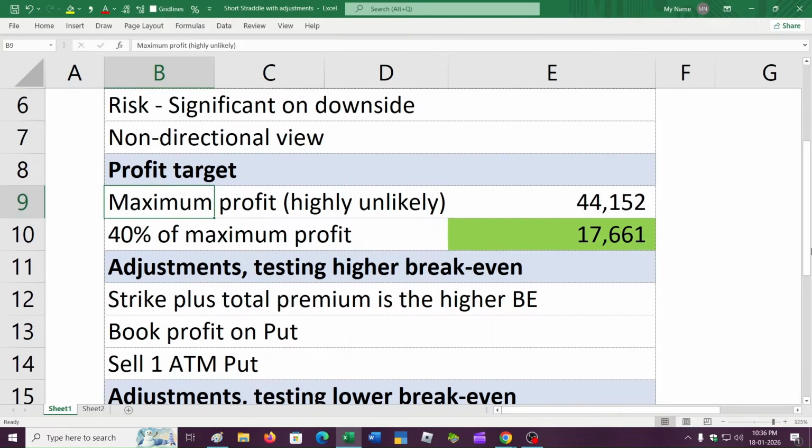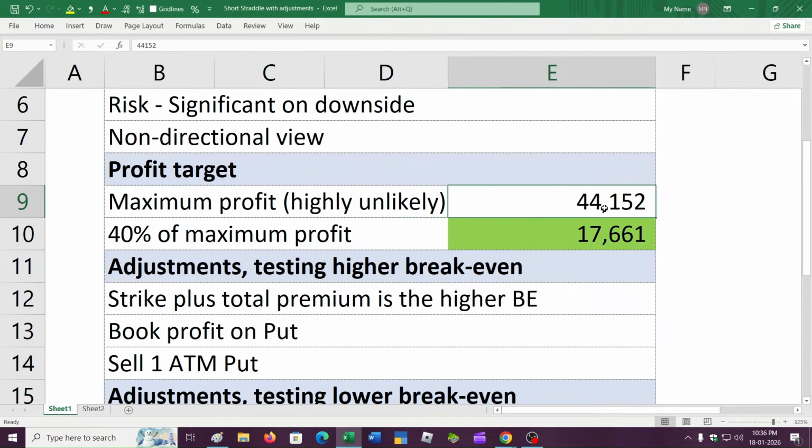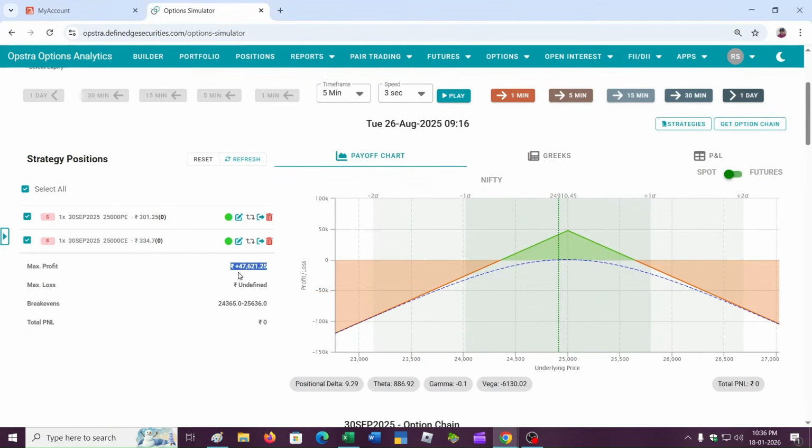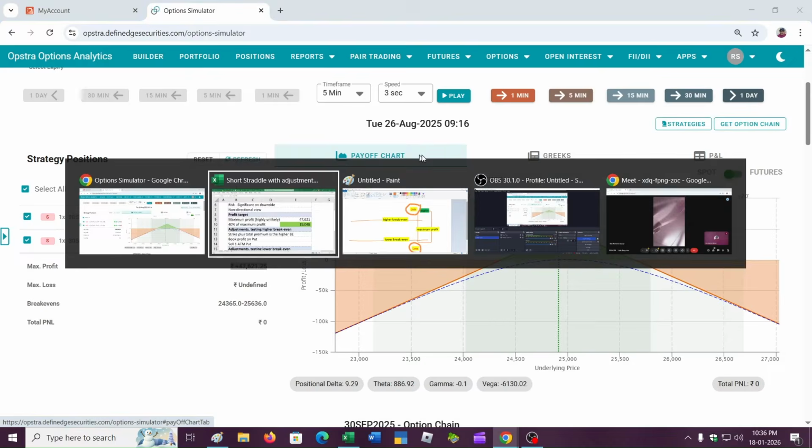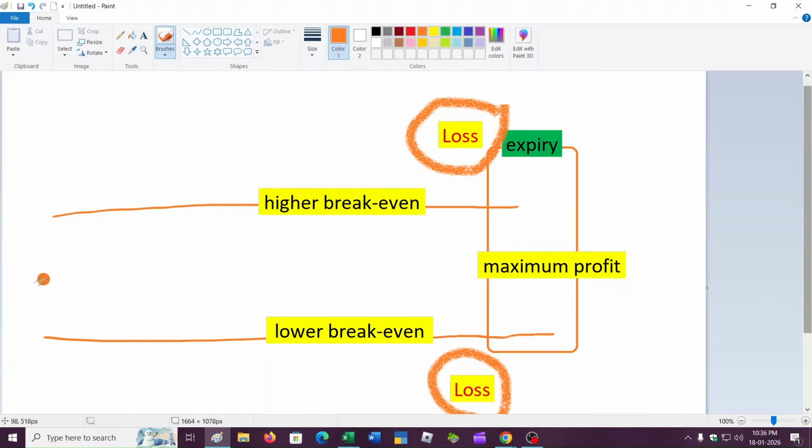Ideally, we should not be waiting for the maximum profit. Here it is 47,621. We should aim only for about 40% of the maximum profit, because to expect that Nifty will expire exactly at this 25,000 is not a reasonable expectation.